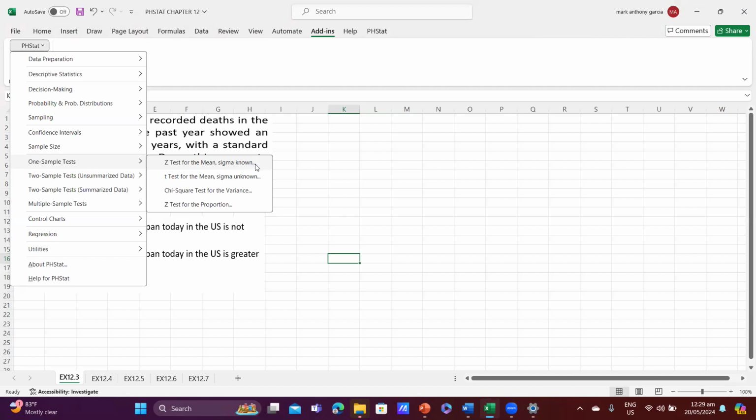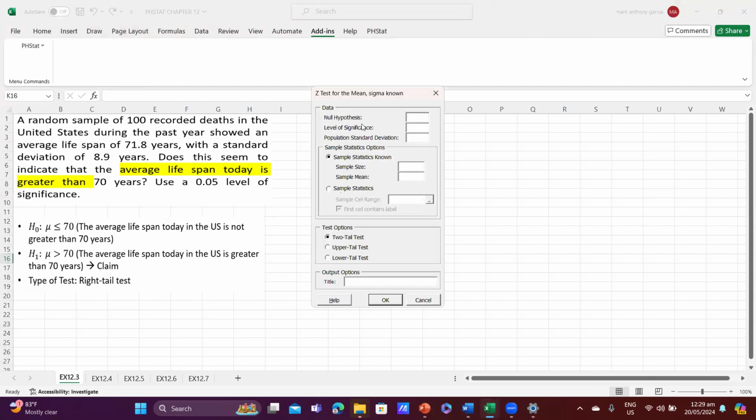This Z test for the mean, sigma is known, will be used if the problem falls under case number 2. Now this pop-up menu will appear and we have to supply the necessary values. Now in the null hypothesis, we have to put the hypothesized value of the mean. So in example 12.3, that's going to be 70.